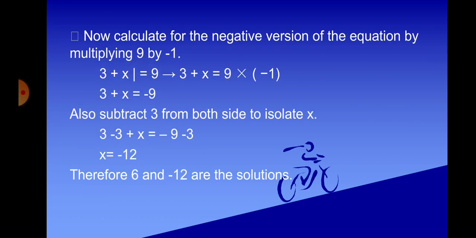Now calculate the negative version of the equation by multiplying 9 by negative 1. So 3 plus x equals 9 times negative 1. So 3 plus x equals negative 9.